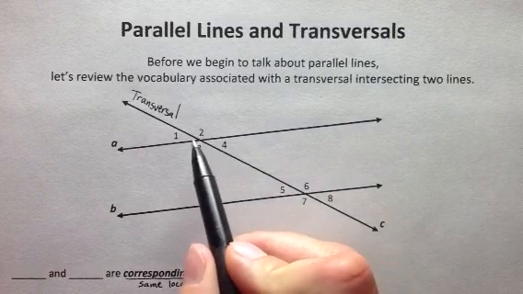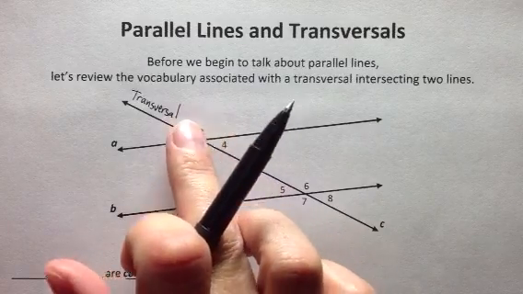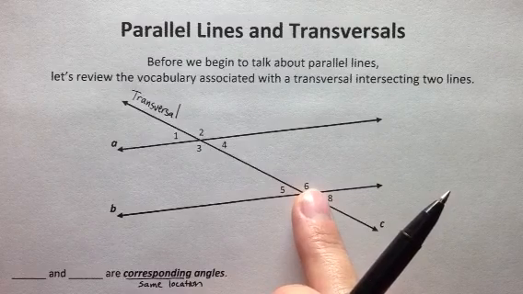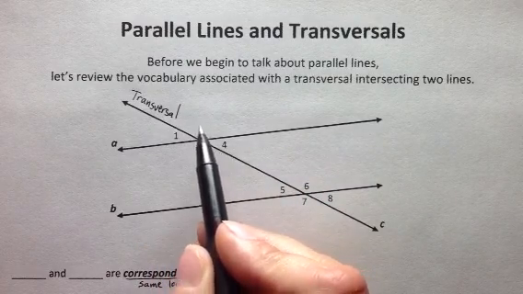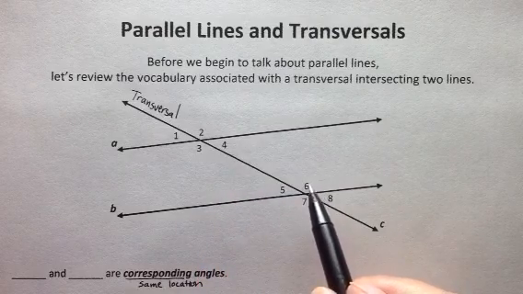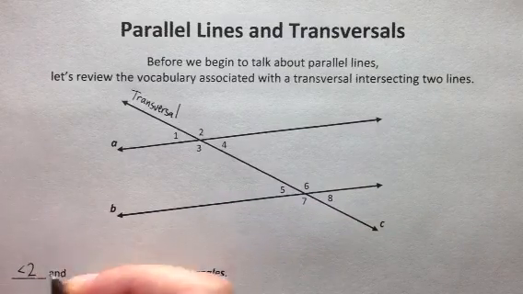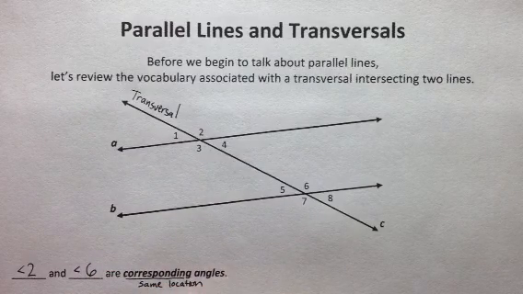So for example, angle 2 here, if I traced angle 2 and if I trace this whole intersection and slid it down here along the transversal, I would find that angle 2, which is on the top right, would land on angle 6, which is on the top right. So angle 2 and angle 6 would be considered corresponding angles. They're in the same location.